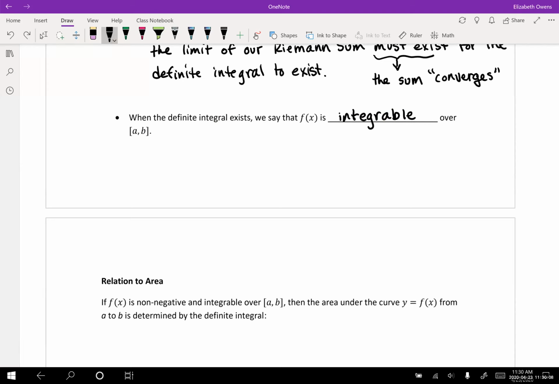But if our function is non-negative, that means all the values are 0 or higher, okay? And integrable, so our integral actually exists on the interval a to b, then the area under the curve of f of x from a to b is determined by the definite integral.